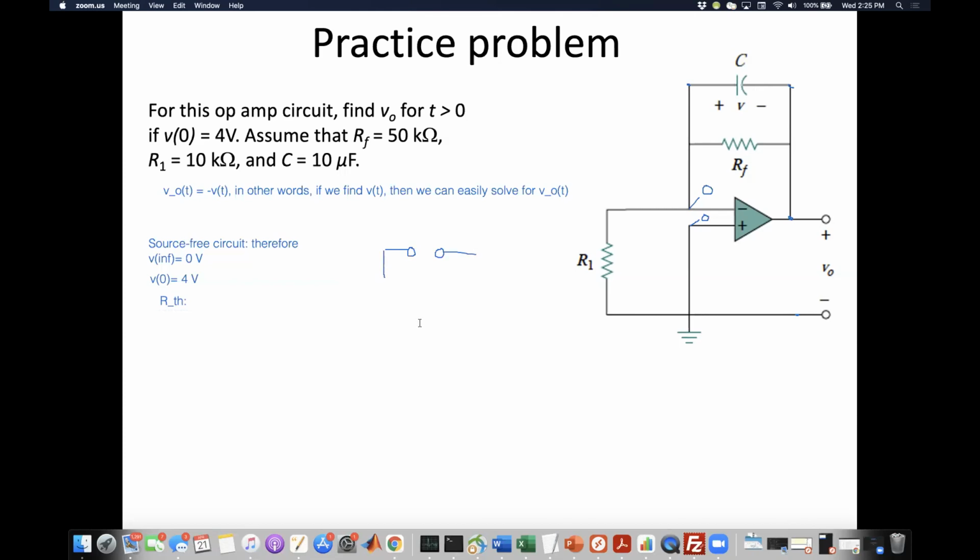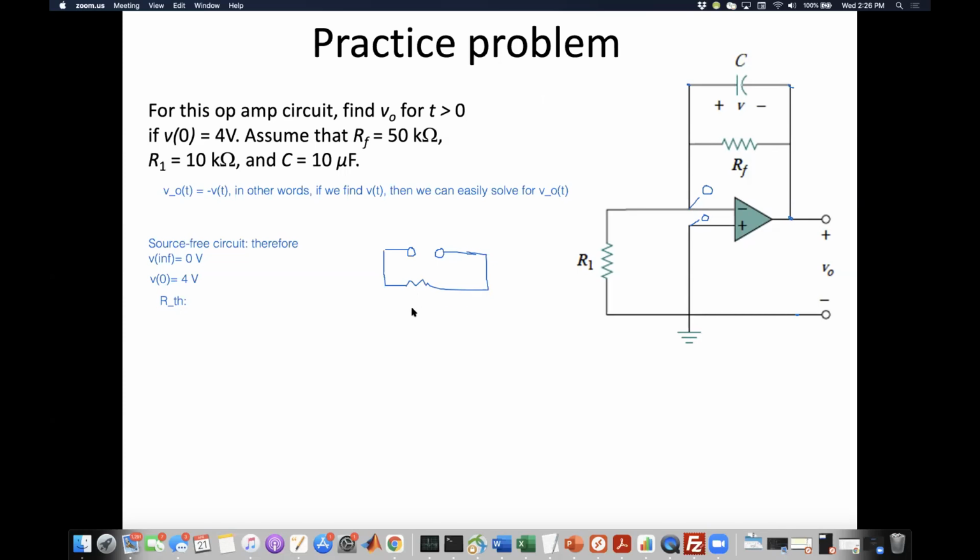And notice that basically it only sees the feedback resistance. Why? Because this node is grounded. And this node has, if you remember, the output impedance of an op amp, so you can basically ignore all of this.